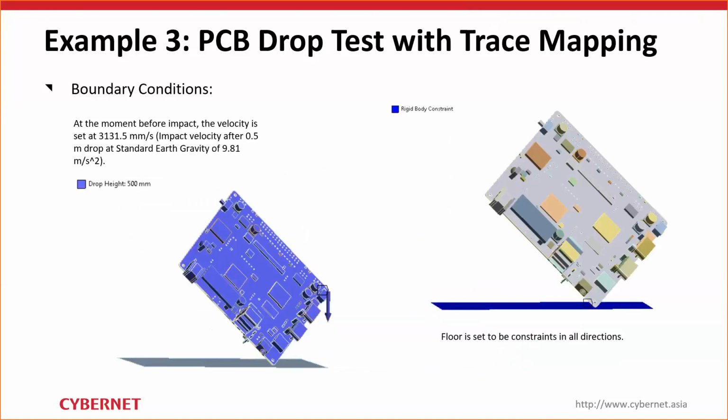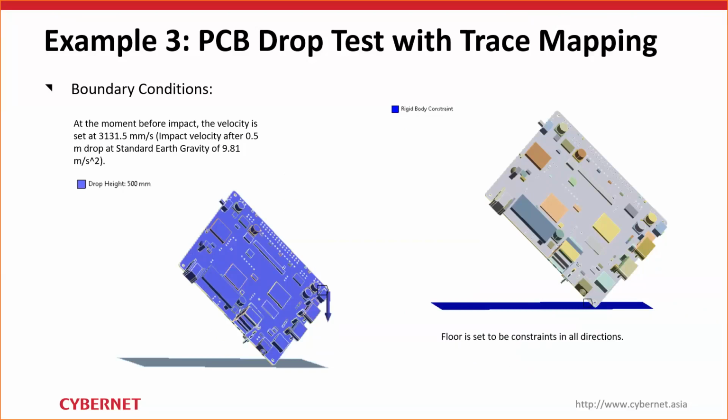Yeah, and next we specify the boundary condition. In this case, the important component that needs to be set is the initial velocity. So using the drop test wizard that I showed you in the previous slide, the slanted angle was set at 45 degrees above X and Y axis, and then the drop height was set at 0.5 meter. So that gave us the impact velocity.